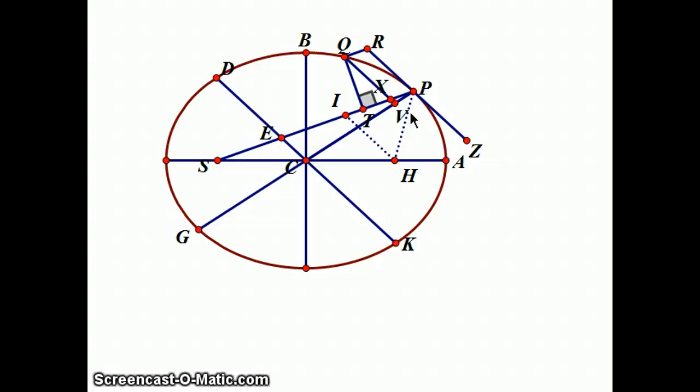I've also connected P to H. There are going to be a couple more auxiliary lines in this picture eventually, but this will get us through the first portion of Newton's proof. So that's going to be a good point to stop. To be continued in part 6.